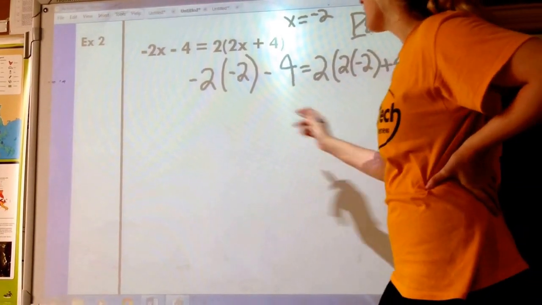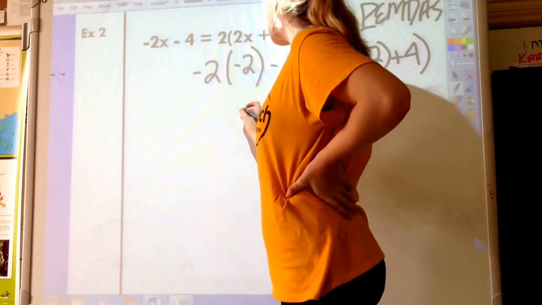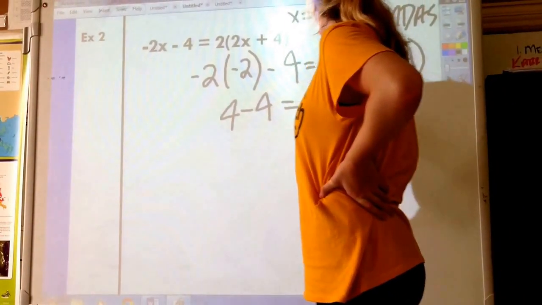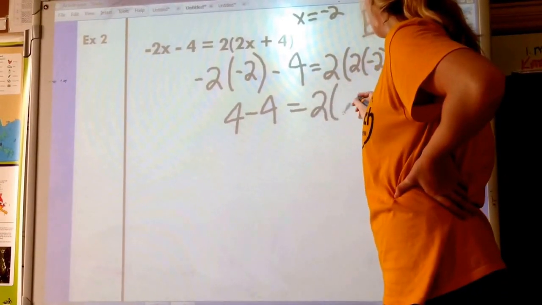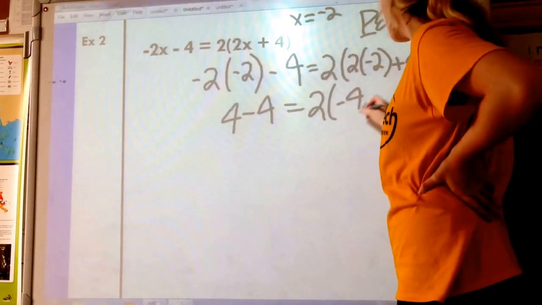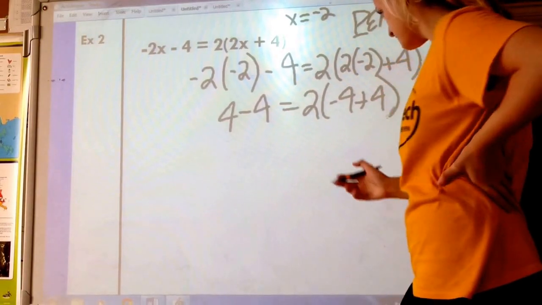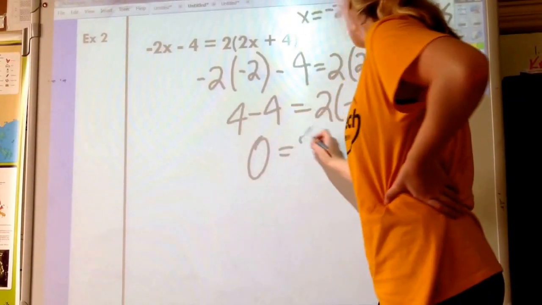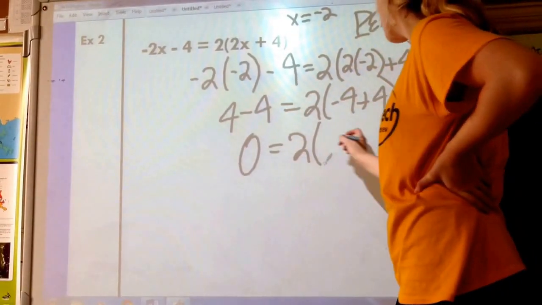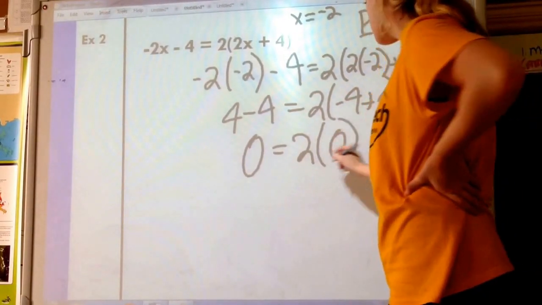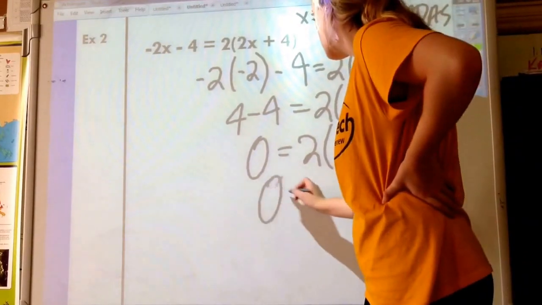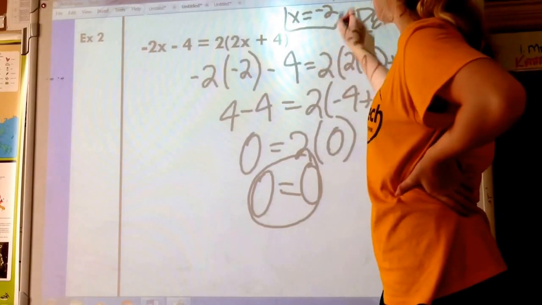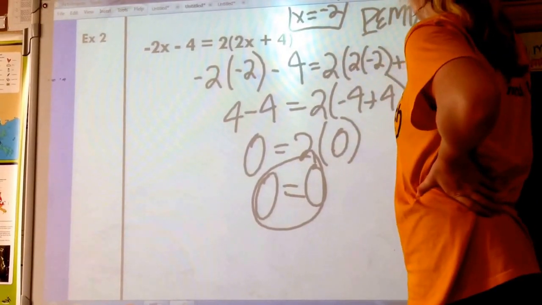So negative 2 times 2 is going to give me positive 4 minus 4 equals 2 times negative 2 is negative 4 plus 4. And that's going to give me 4 minus 4 is 0, and then negative 4 plus 4 is going to give me 0. And then, of course, 2 times 0 is going to give me 0 equals 0. So I was correct in saying that x equals negative 2 because both sides equal the same thing.